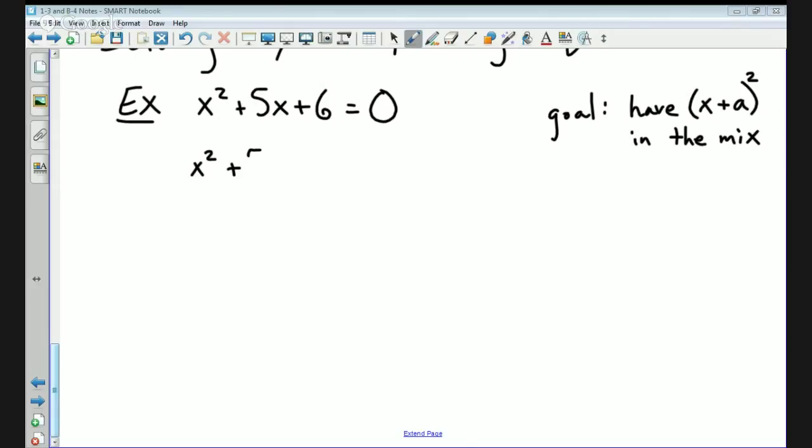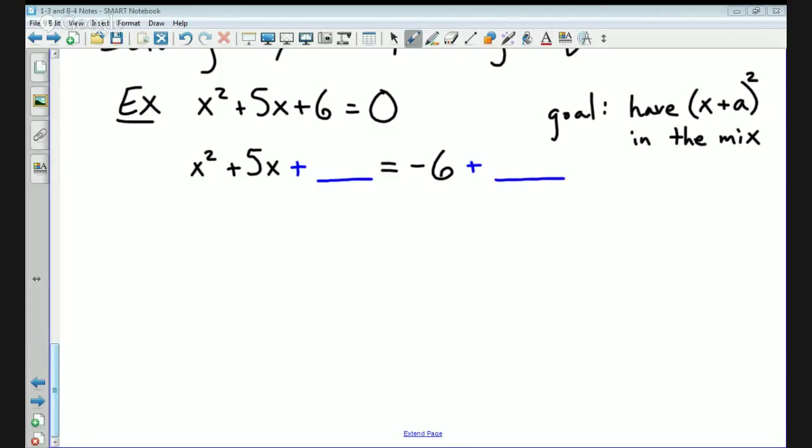And we'll have plus 5x. And then what I'm going to do here is put in a little blank to hold in place for something. And I'm going to move the 6 to the other side, do subtraction. And I'm going to put in a blank over here.